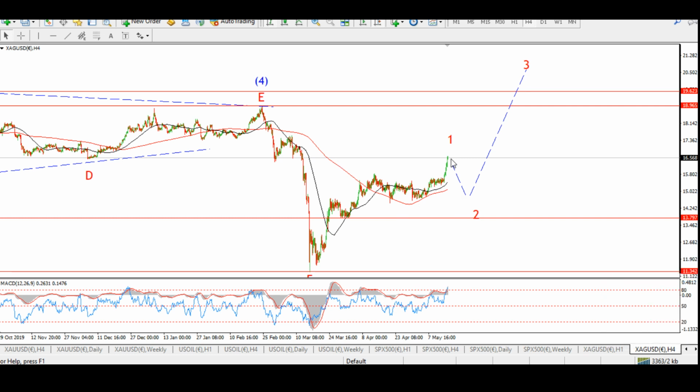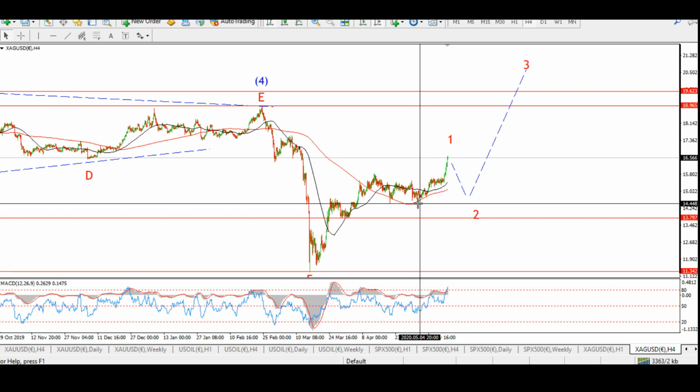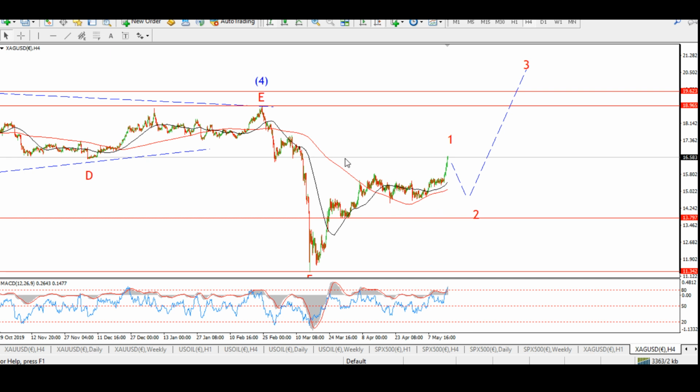If that's the case, then we will get some reasonable sell-off towards maybe the end of next week, back towards that 1450 level, around the lower end of that shoulder in wave 2, and then we would rally again in wave 3, and that wave 3 would bring us out above the $19 level again.